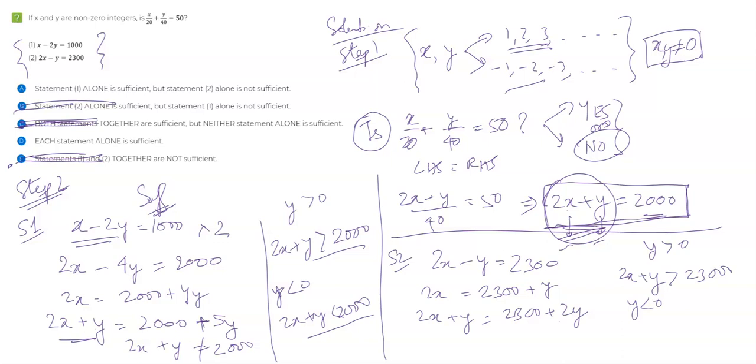For example, if y turns out to be minus 150, then 2x plus y will become 2000, right? So in this case, you cannot conclusively say whether it is equal to 2000 or not. It can be 2000, it cannot be 2000. And since you are not able to conclusively say yes or no, statement 2 is not sufficient, and hence your answer in this case will be option A.